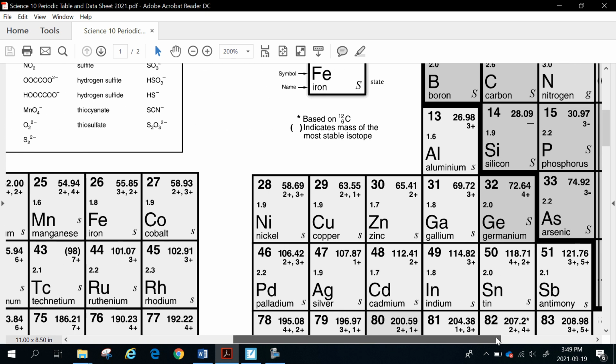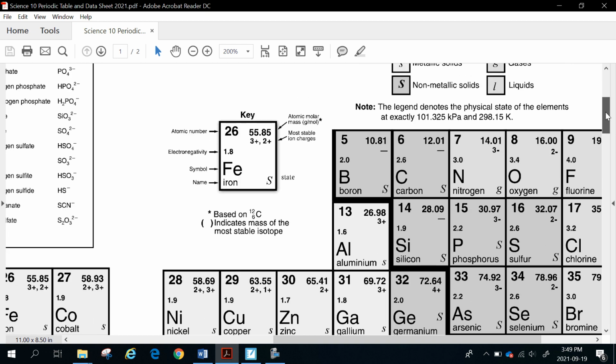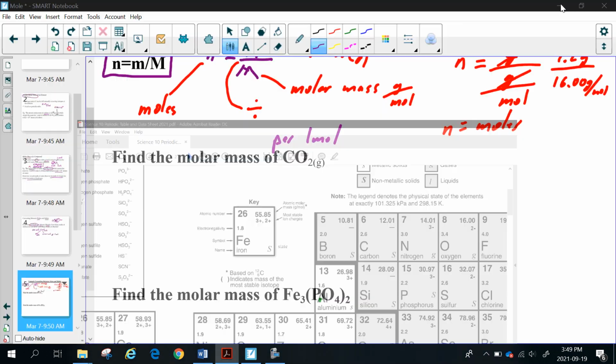We're also going to need phosphorus for one of our molar mass calculations. The atomic mass is 30.97. We're going to need carbon, which we already saw was 12.01, and oxygen, which is 16.00. All of these are in grams per mole, and it tells you that right up at the top here under the key, atomic molar mass or atomic mass, units grams per mole.